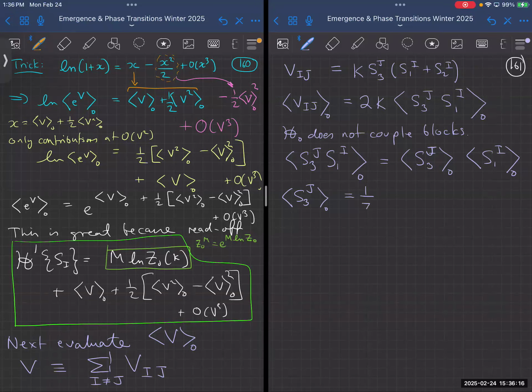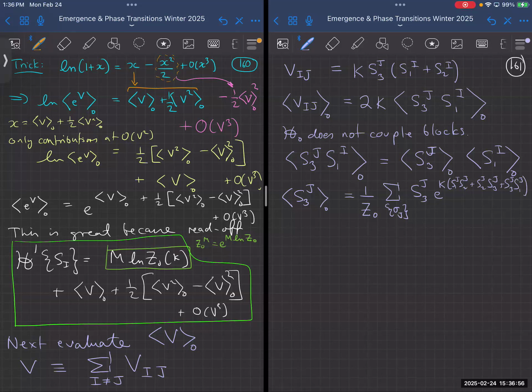That's 1 over the partition function of a block, which I've called Z naught, and then it's the sum over the spins in block J of S3_J, that's the thing I'm trying to take the average of, and then times the Boltzmann factor for the block, where the Hamiltonian is K times S1_J S2_J plus S2_J S3_J plus S3_J S1_J.